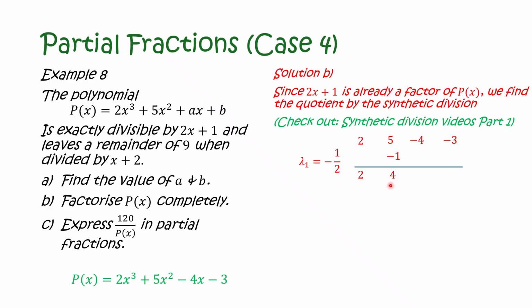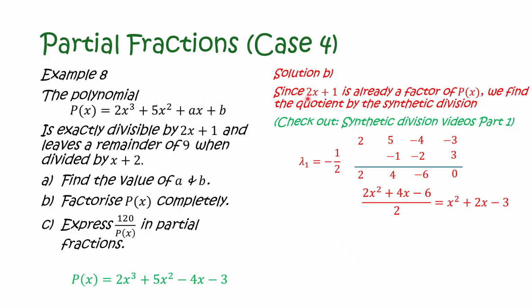Then we drop the first term, which is 2. 2 times lambda 1, we get minus 1. 5 minus 1, we get 4. 4 times lambda 1, we get minus 2. Minus 4 minus 6, we get minus 6. Or rather, minus 4 minus 2, we get minus 6. Minus 6 times lambda 1, we get 3. Minus 3 plus 3, we get 0. So implying that our remainder is 0.